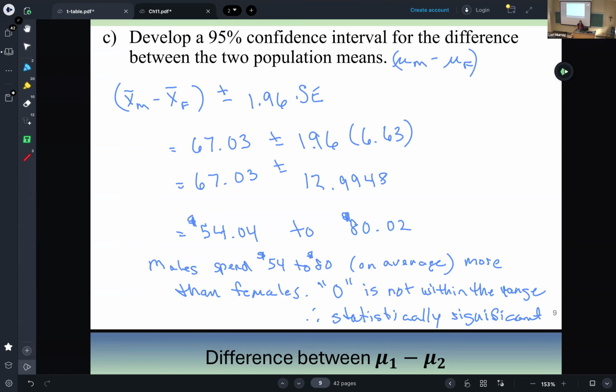If you take the difference of 2 numbers and you get 0 or close to 0, then there's no difference. But 0 is not in the range here. So because it's not in the range, we have statistical significance, and it tells you there's a lot more spending happening from the males than females for that particular holiday.